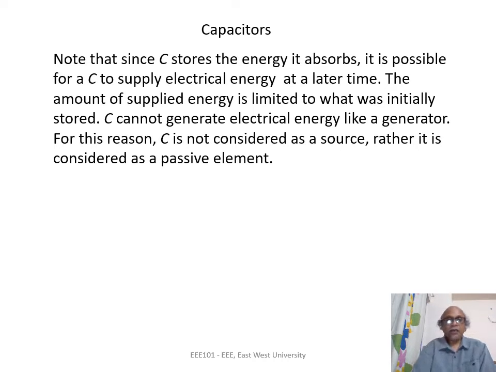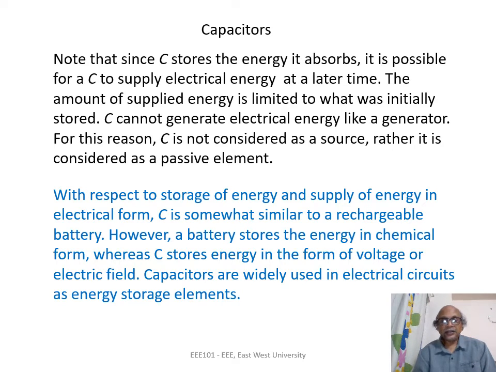However, the amount of energy that the capacitor can supply is only equal to the amount that was initially stored in the capacitor. It cannot generate any electrical energy, unlike a generator. For this reason, even though the capacitance can supply energy, it is not called a source. Rather, it is considered a passive element like a resistance.